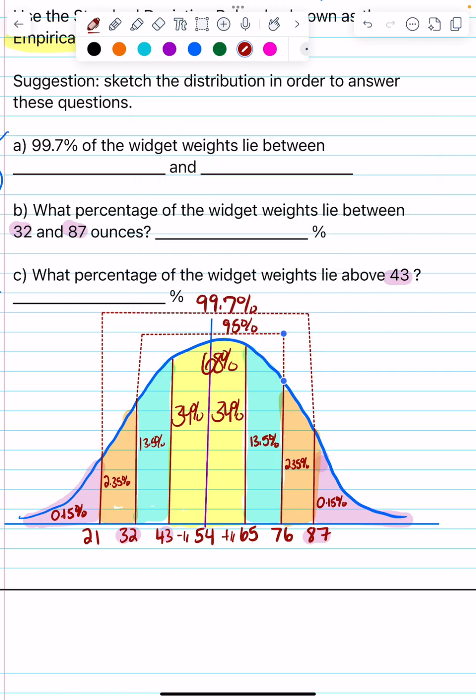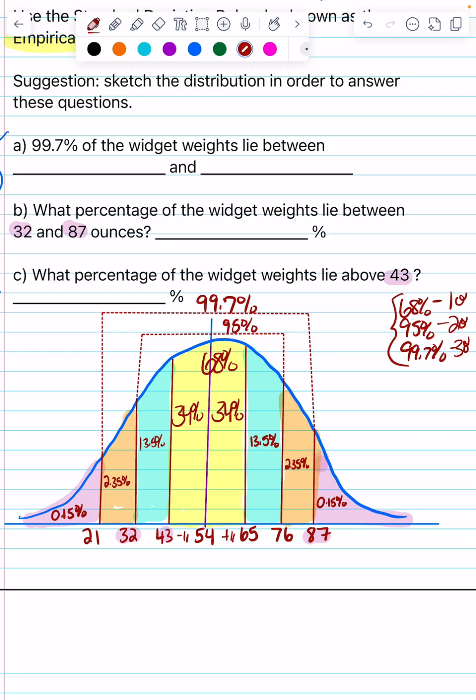All right, and then the middle two I've already said are 68. So those three numbers, 68%, 95%, and 99.7% are representing 1 standard deviation away, 2 standard deviations away, and 3 standard deviations away. It's not so important that you know that. It's more important that you can draw, shade, and label all the little pieces of the curve.